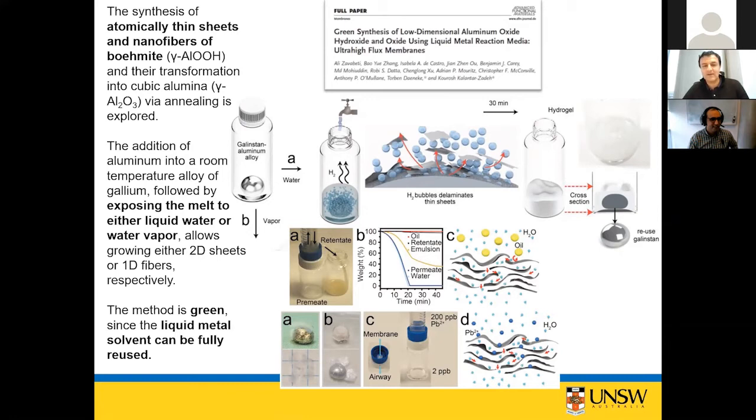The corners of these delaminations stick to each other and they make this beautiful hydrogel, like a filter, with a few nanometer distance between the planes of boehmite, which is aluminum hydroxide. Or you can basically anneal them and produce aluminum oxide and make these filters.